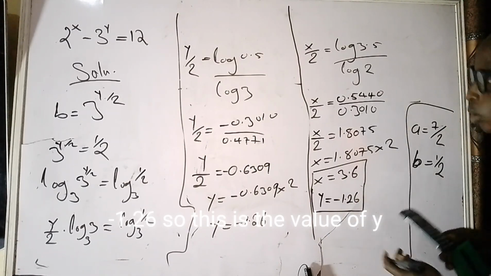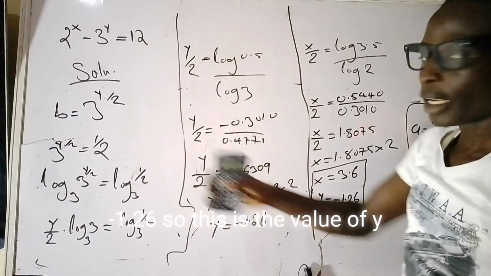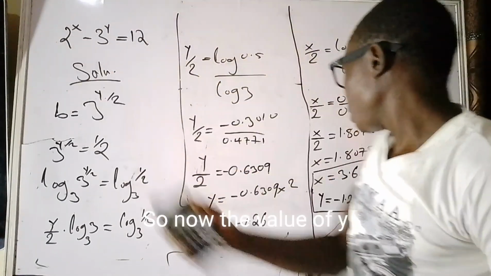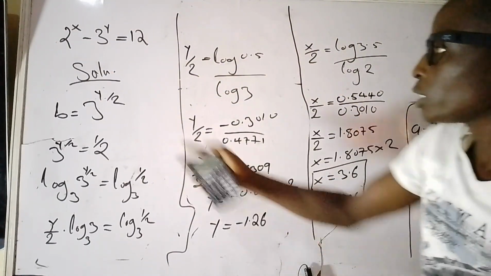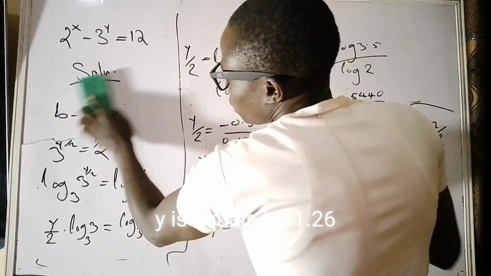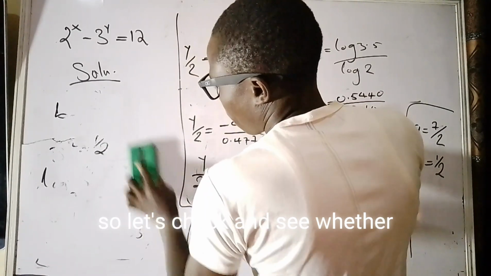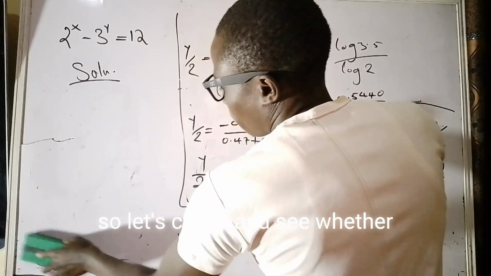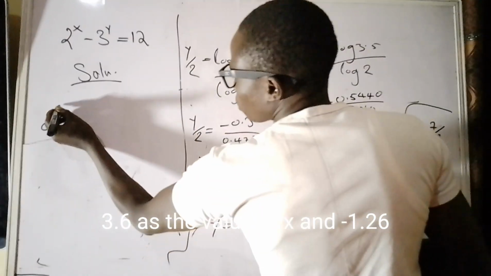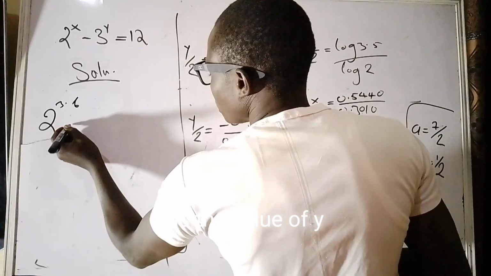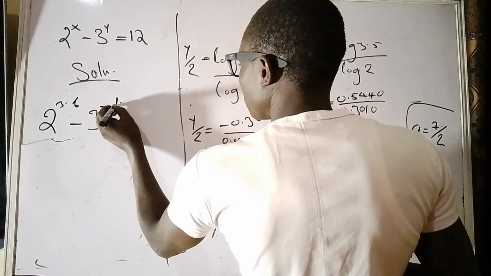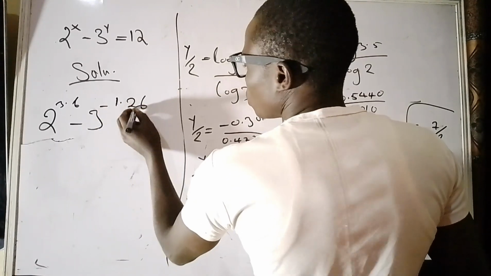So let's check and see whether 3.6 as the value of x and minus 1.26 as the value of y will satisfy this particular equation. That means I'll have 2 raised to the power of x, which is 3.6, minus 3 raised to the power of y, which is minus 1.26.